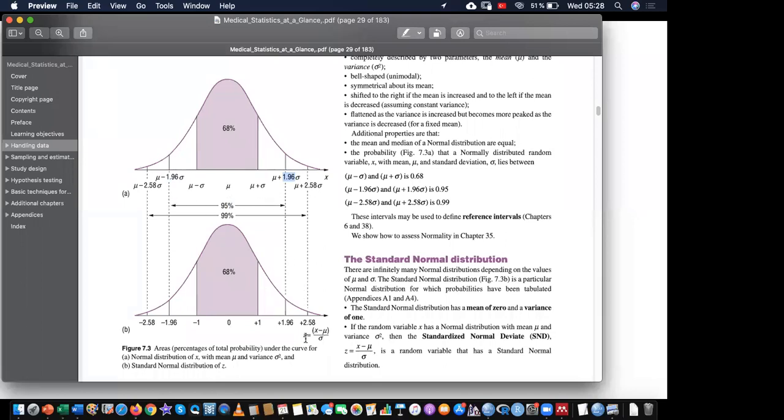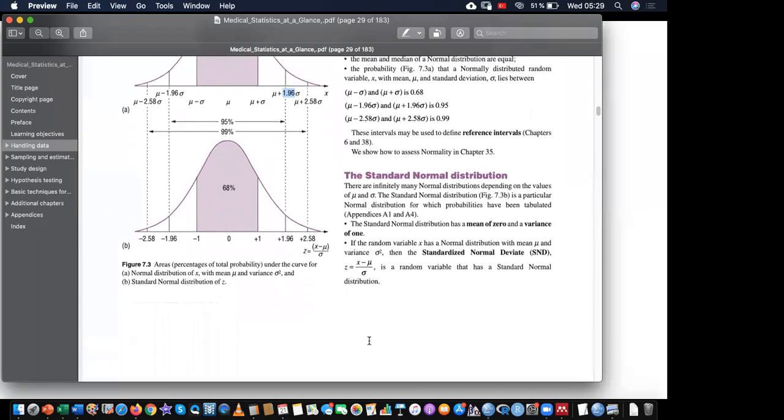If you have your empirical data and you want to convert it into the standard normal distribution, you take the Z formula as it is shown here, which is the measurement x minus x bar, or mu, divided by the standard deviation.